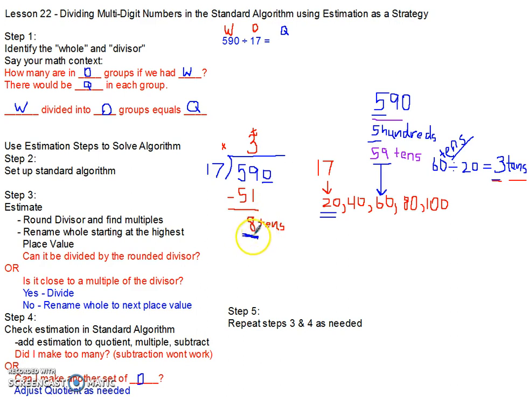So I can't make a group of 17 out of this 8, so I need to rename to my next place value. So I would bring down this 0, and I would rename my 8 tens as 80 plus whatever ones I have left over. So this would be 80 ones.